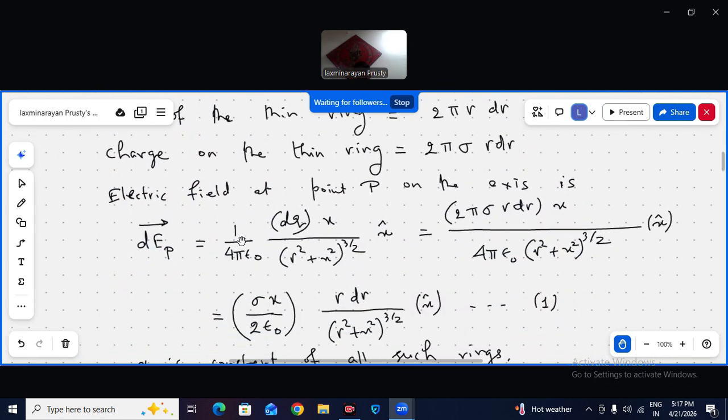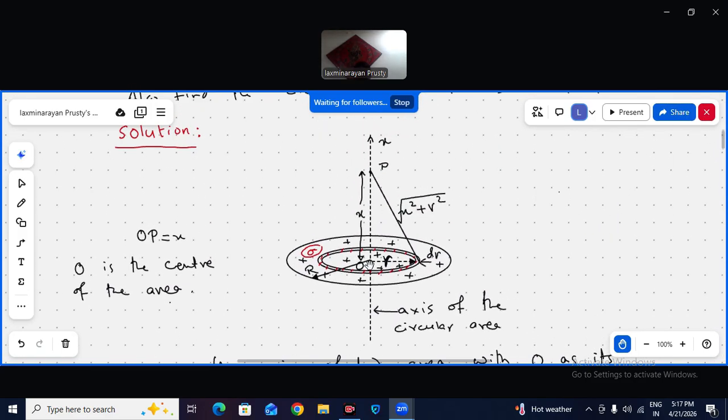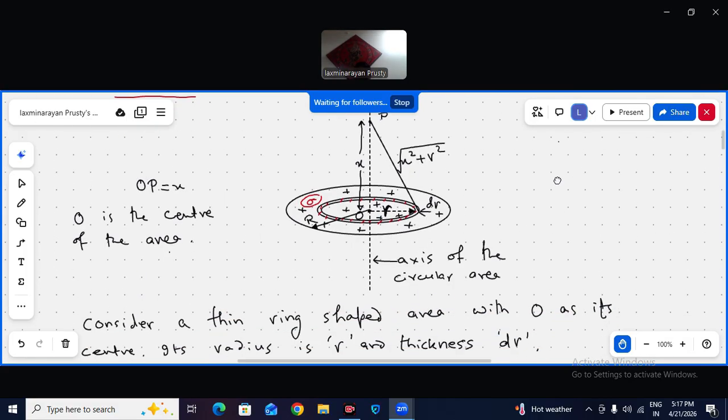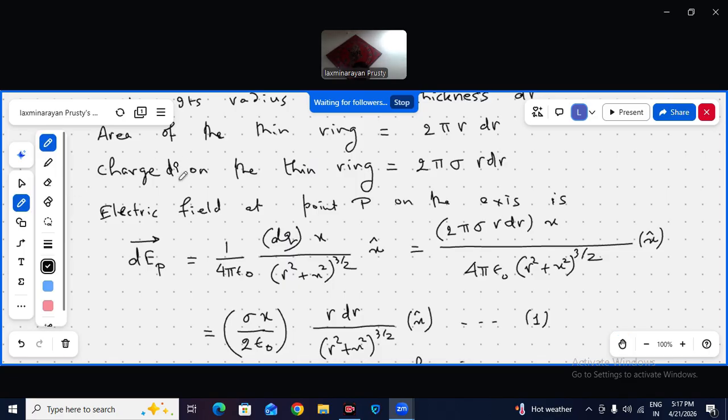All of you know, 1 by 4 pi epsilon 0 dq of the ring into x. x is the distance from O to P. Let me write the charge dq on the thin ring.